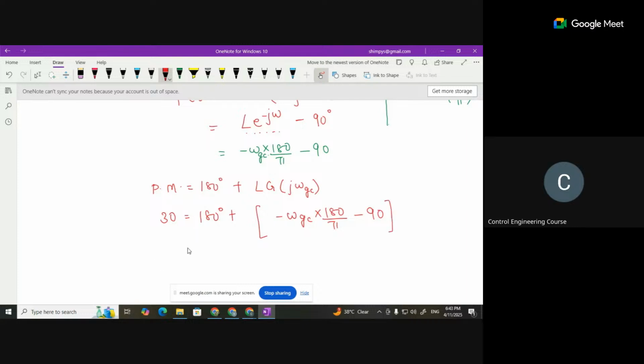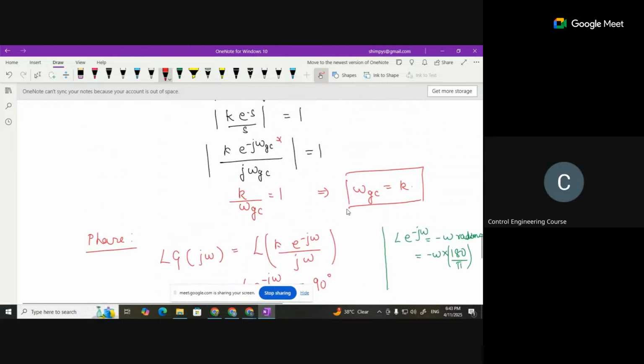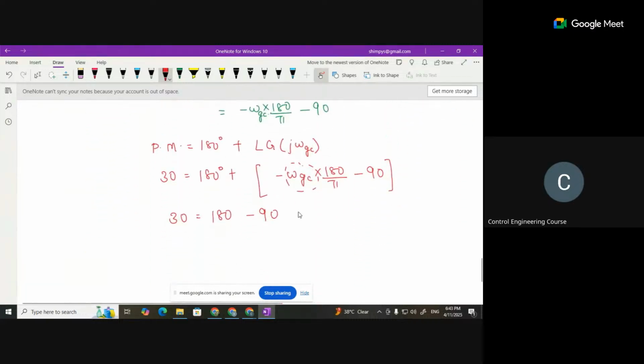So how much will it give you? At this value of omega, we have to evaluate K. So can I write this as 30 is equal to 180 minus 90, and from here we have already seen that omega is equal to K. So I write minus 90 plus minus K into 180 by pi, right?